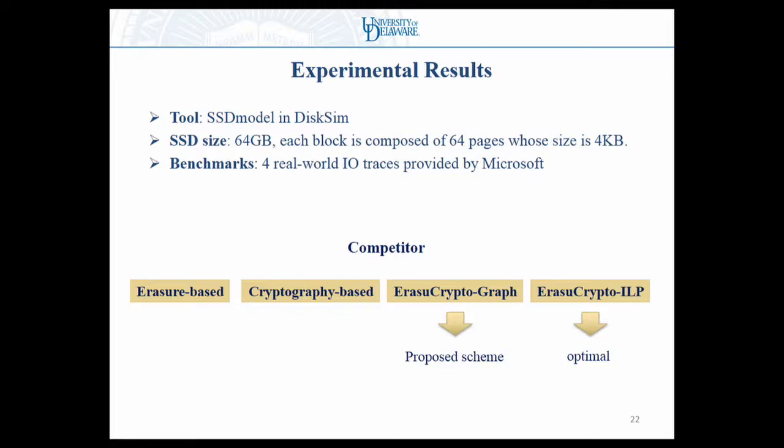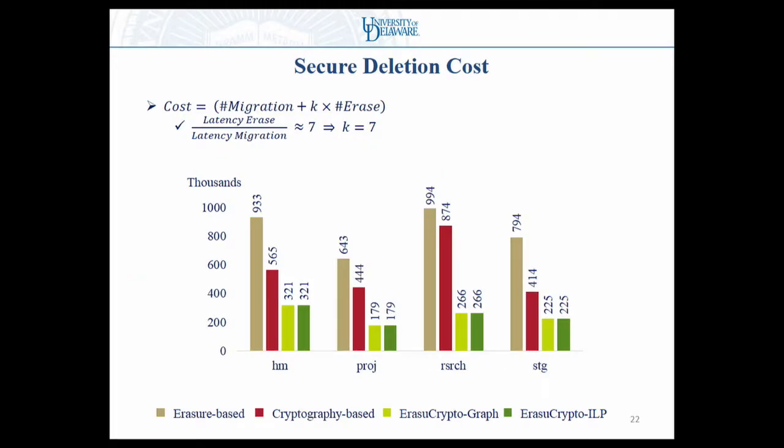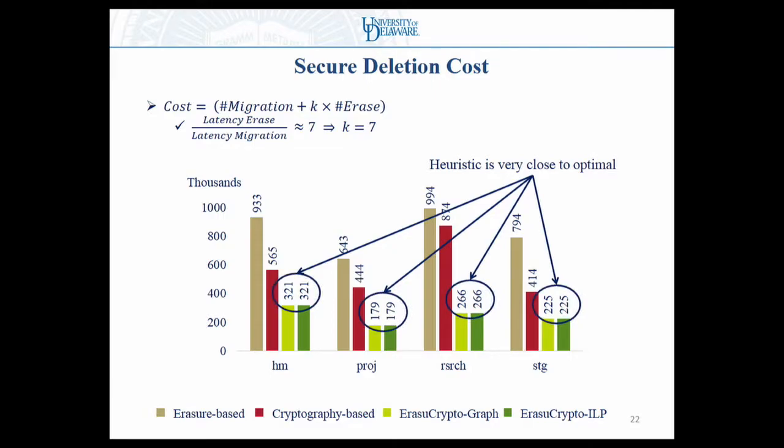The third one is our proposed scheme, and the last one is the optimal because it's ILP. I considered k to be 7 because the latency of erase divided by the latency of migration is almost 7. And as you can see, we get a result very close to optimal here. So it shows that this algorithm works well.